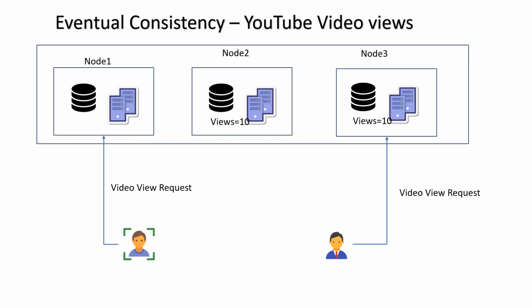But if there is a change for some video at node 1 and the count is changed to 20, do we need to block the read requests from other nodes until those are updated? No, right? Because the count of views may vary, it just gives an idea of the current count of views.